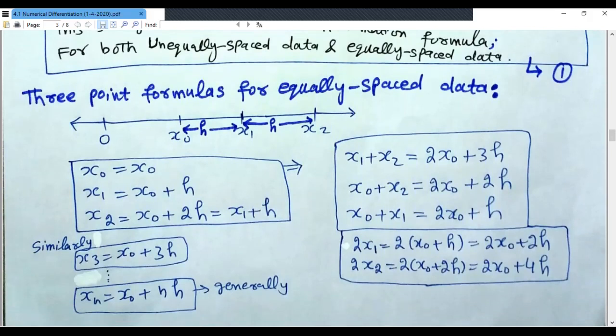So x naught is of course equal to x naught, x1 equal to x naught plus h, x2 is equal to x naught plus 2h, or we can also write x1 plus h. In above formula, we will use x1 plus x2, x naught plus x2, and x naught plus x1. Also, we will need 2x1, 2x2.